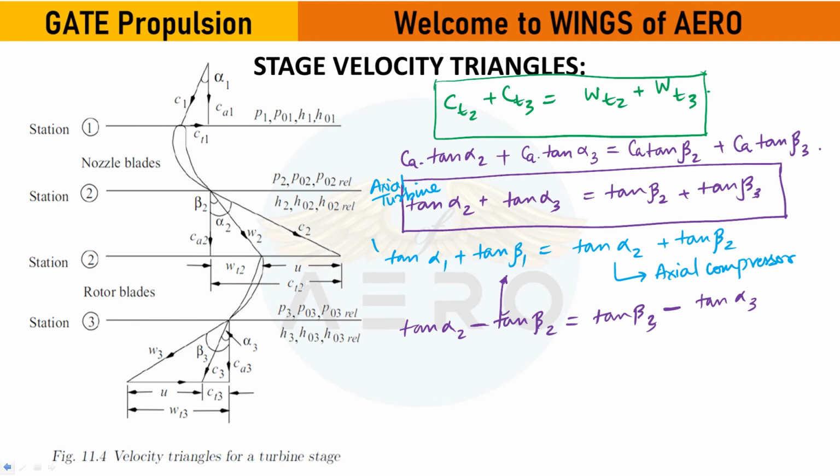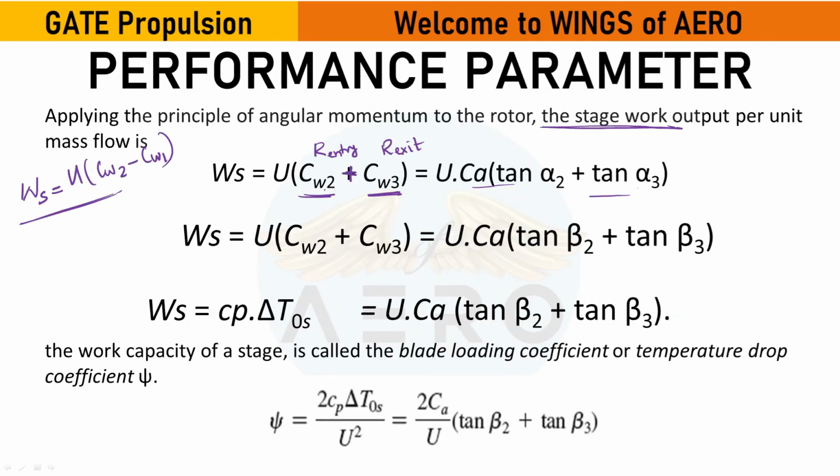So already we have said tan alpha 2 plus tan alpha 3 equals tan beta 2 plus tan beta 3, so we can also write it over here, right?